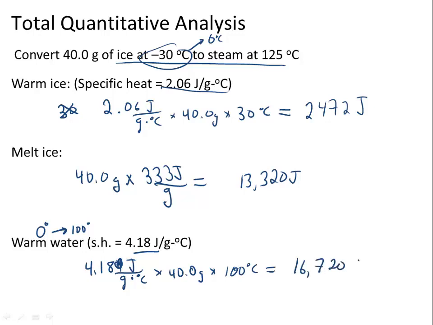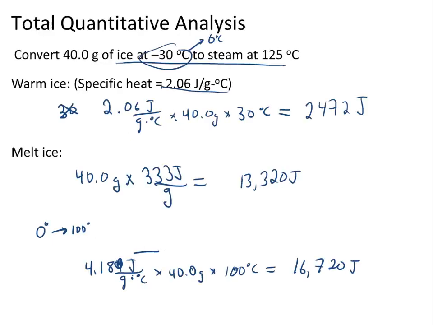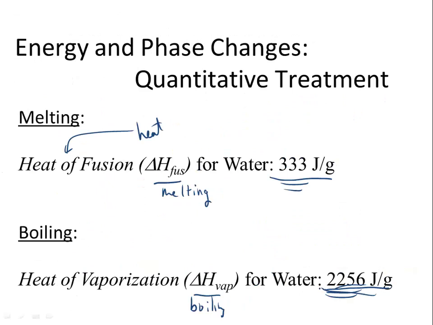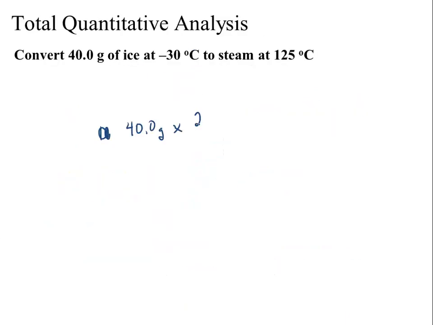So that's 16,720 joules. Now the water is all up to 100 degrees, and we have to boil it. That's going to be 40.0 grams of water times the enthalpy change for vaporization, which is unfortunately 5 slides back: 2,256 joules per gram.